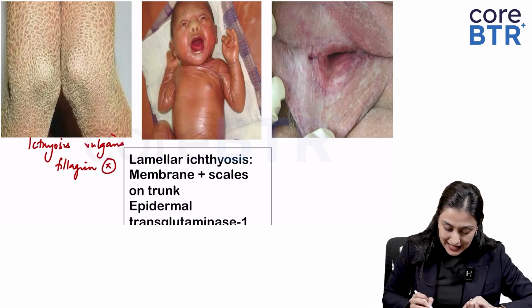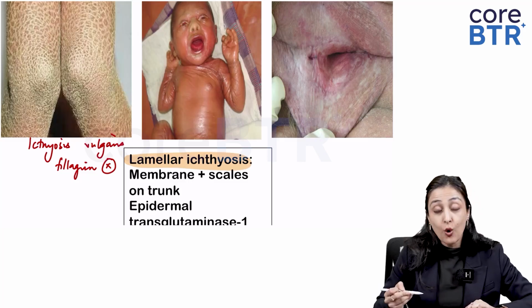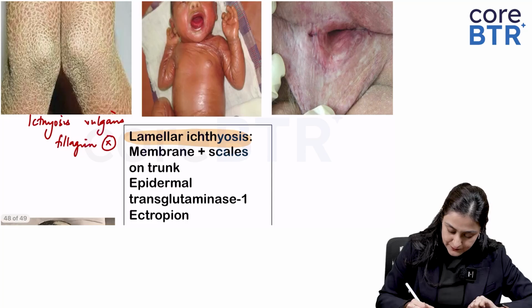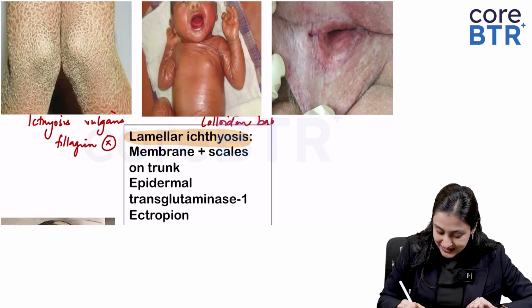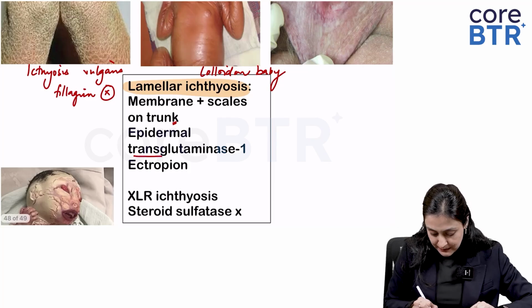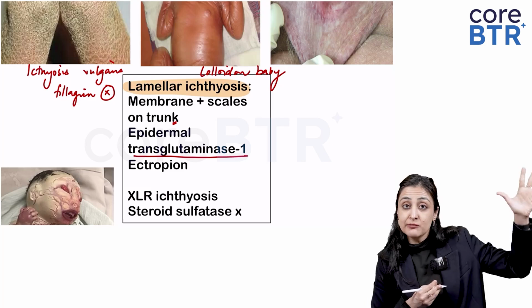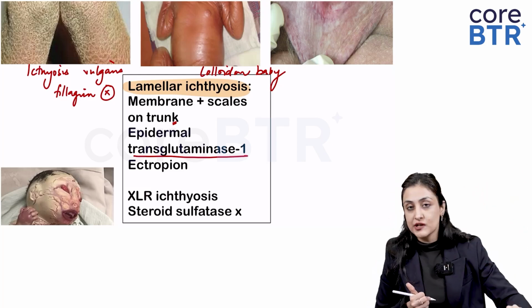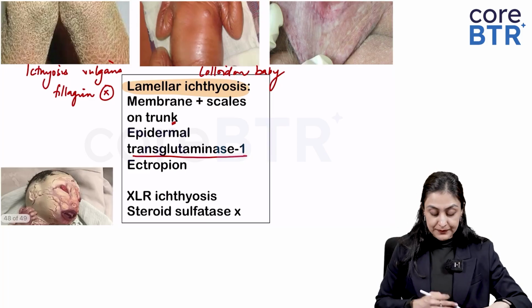This one is lamellar ichthyosis, where there is a membrane, or collodion baby is the other name. So collodion is a membrane, lamella is a membrane. So collodion baby, and the scales are present on the trunk. This is epidermal transglutaminase 1 defect. Remember, epidermal transglutaminase 3 was dermatitis herpetiformis, also associated with ectropion.